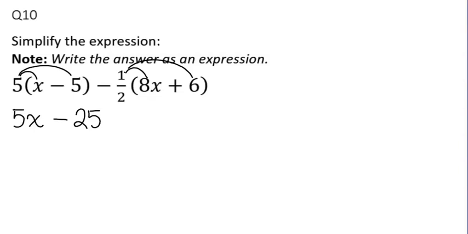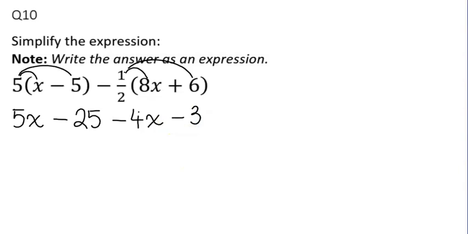You read, what is half of 8? It's 4. Negative or positive? Negative, because this is negative and this is positive, and I'm multiplying. Then it's negative 4x. Next one. What is half of 6? 3. Positive 3 or negative 3? Negative 3. Because multiplication of different signs give negative. Now, there is no more distribution. I'm going to try to combine like terms.